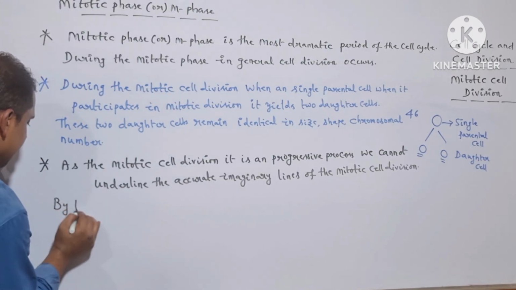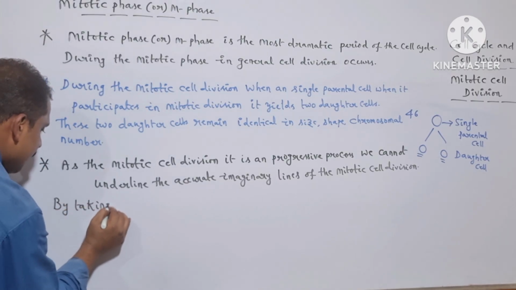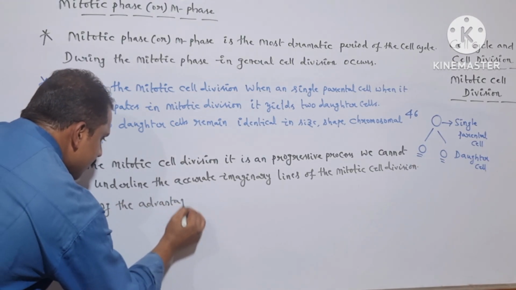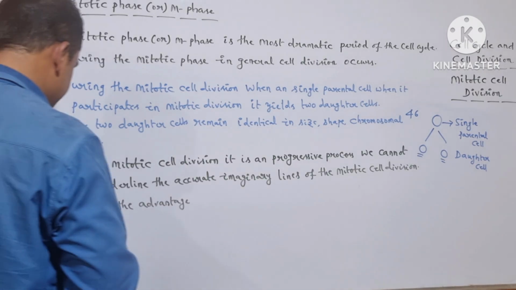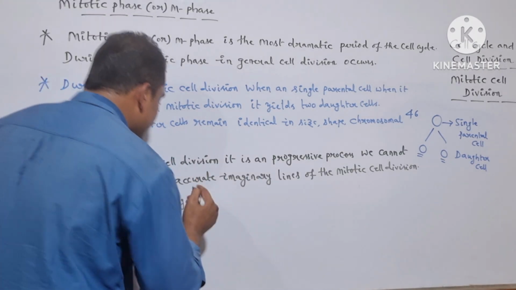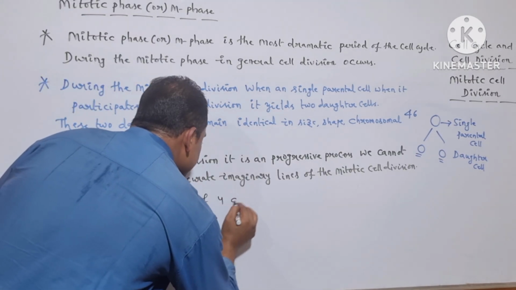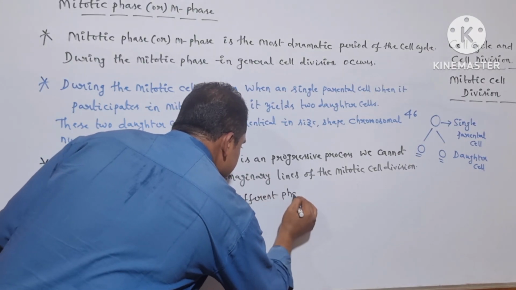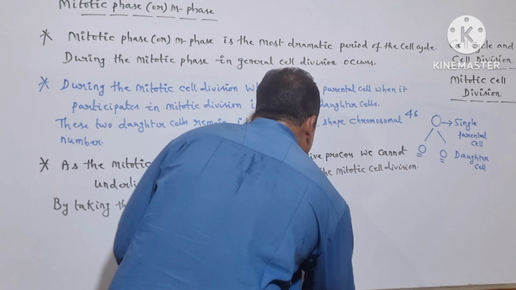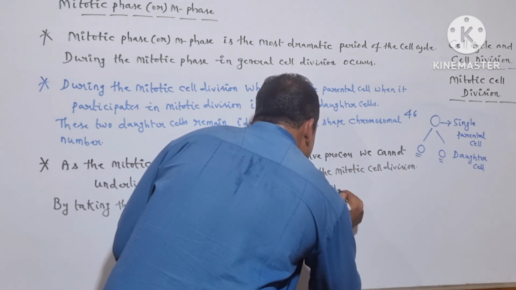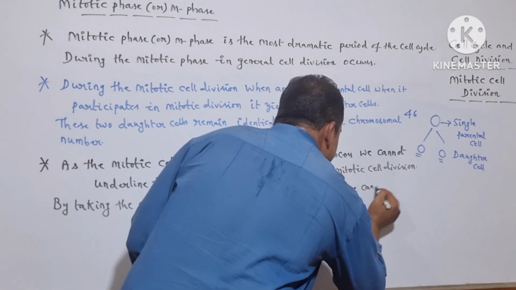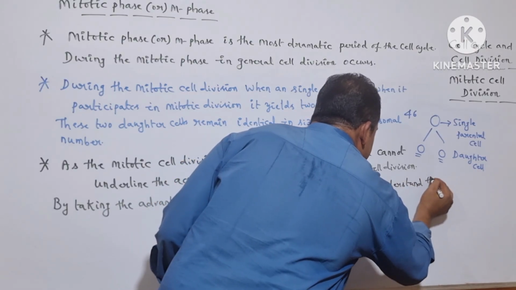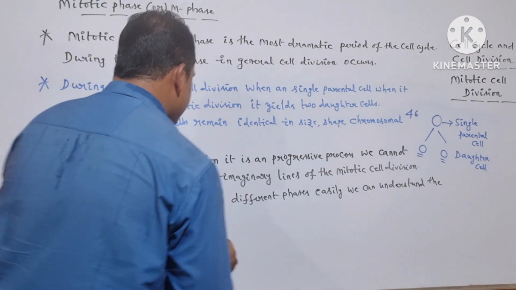So by taking advantage of four different phases, we can easily understand the mitotic cell division, right?